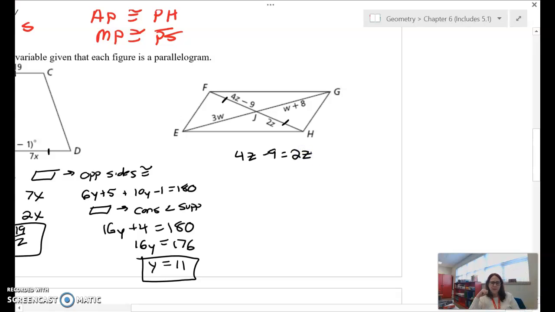For the same reason, I'm going to mark line segment EJ congruent with line segment JG, and I can write the equation that 3w equals w plus 8. And the reason for both of those equations is parallelogram implies bisecting diagonals.